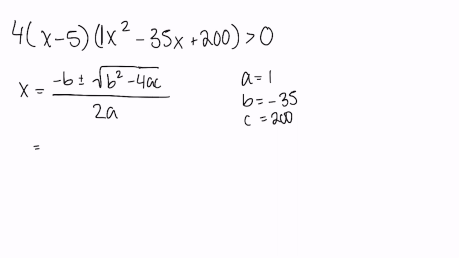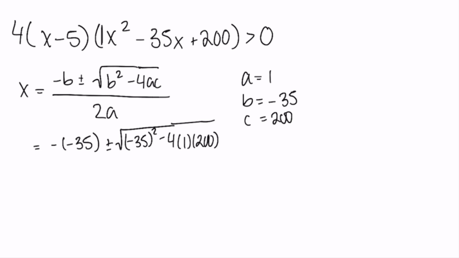Plugging this all in, we get negative negative 35 plus or minus the square root of negative 35 squared minus 4 times 1 times 200, all divided by 2a, so 2 times 1.